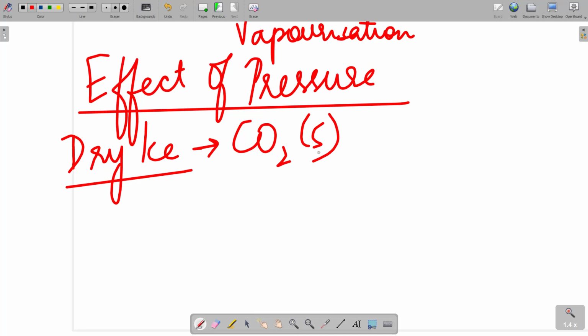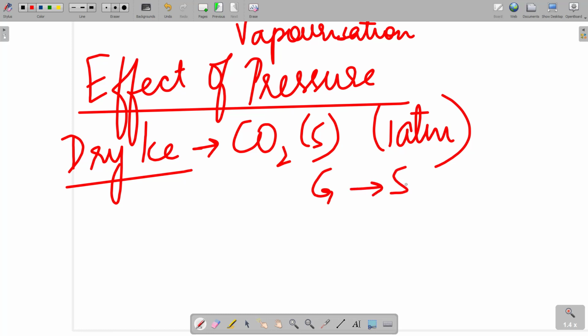Actually वो gaseous form में था, right? अगर हमने उसका temperature भी decrease कर दिया, हमने उसमें बहुत high pressure लगाया है, या basically हम ये कह सकते हैं 1 atmospheric pressure can convert gaseous CO2 into solid CO2, which is basically dry ice, right?